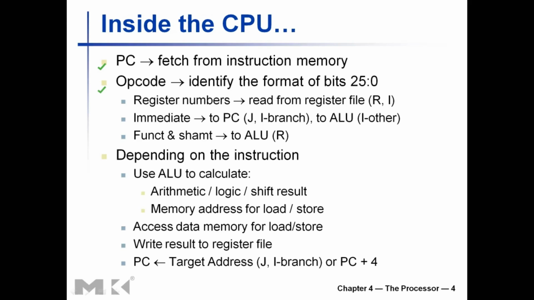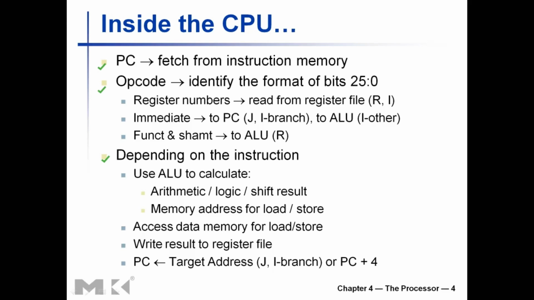Then once you have decoded all parts of the instruction, you go into the execution and memory access stages depending on what type of instruction you are executing, right? So what happens after that is dependent on the instruction, and you use the different hardware accordingly. You have to use the ALU, you might need to access the data memory, then you might need to write a result into the register file, and at the very end, you go and update the program counter.